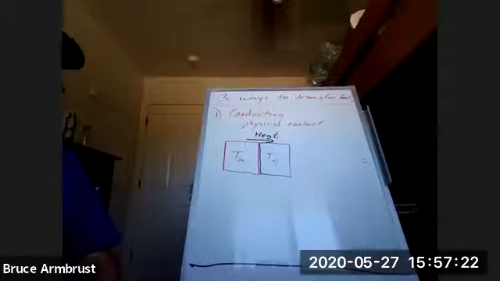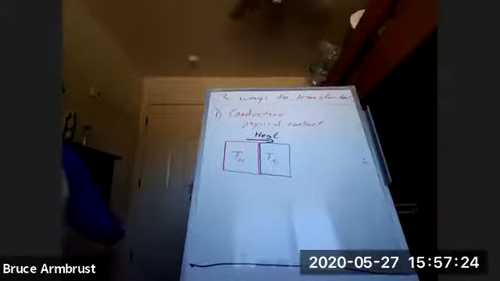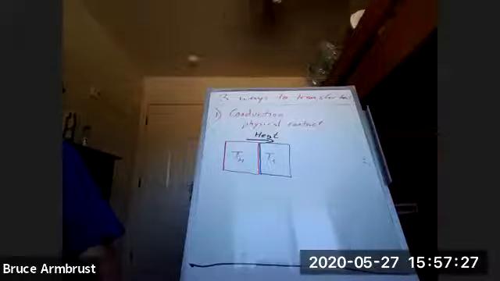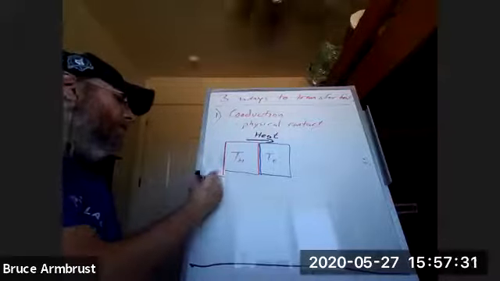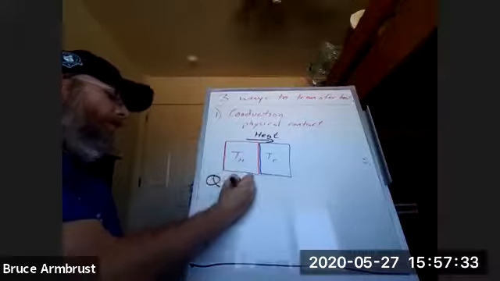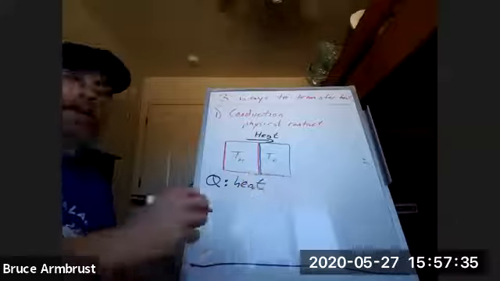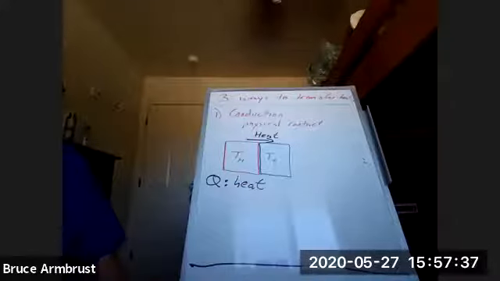Okay, now just so you know, some of the letters we use. First of all, for heat, we use the letter Q. Don't ask, I have no idea why. But Q is the amount of heat, so it's an energy.